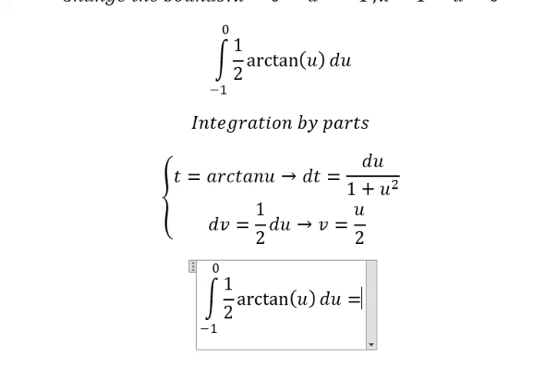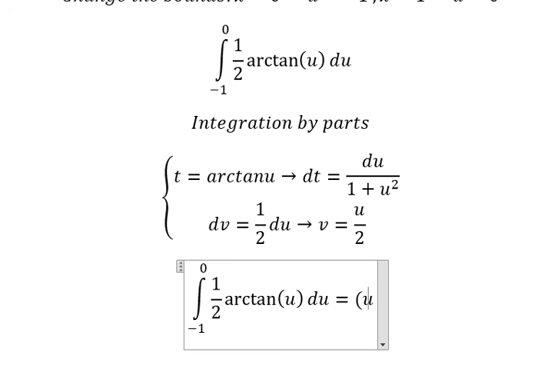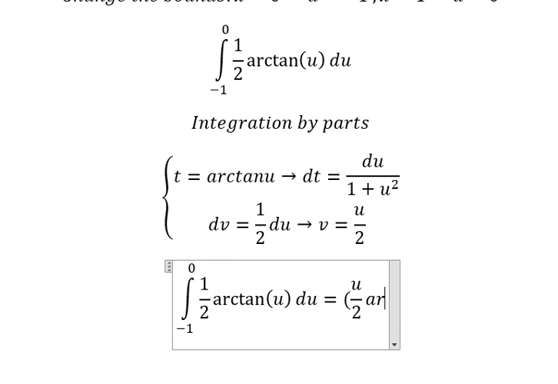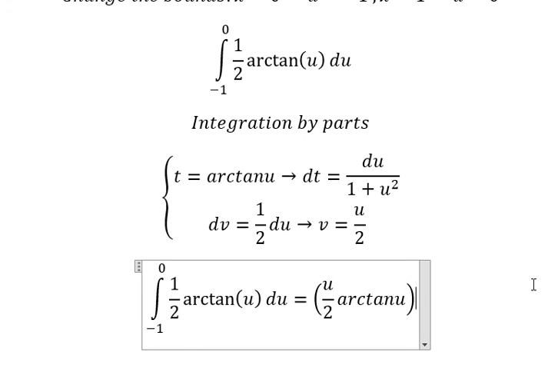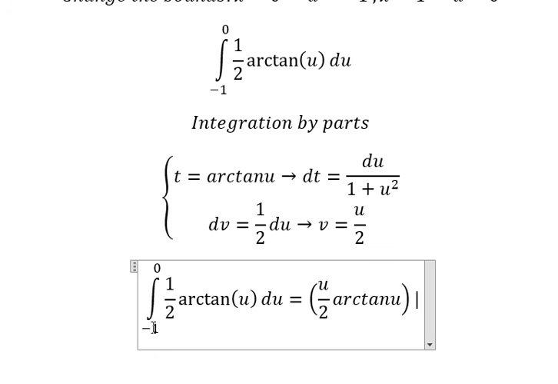So we have t multiplied by v, and I will put the bounds from negative number 1 to number 0.